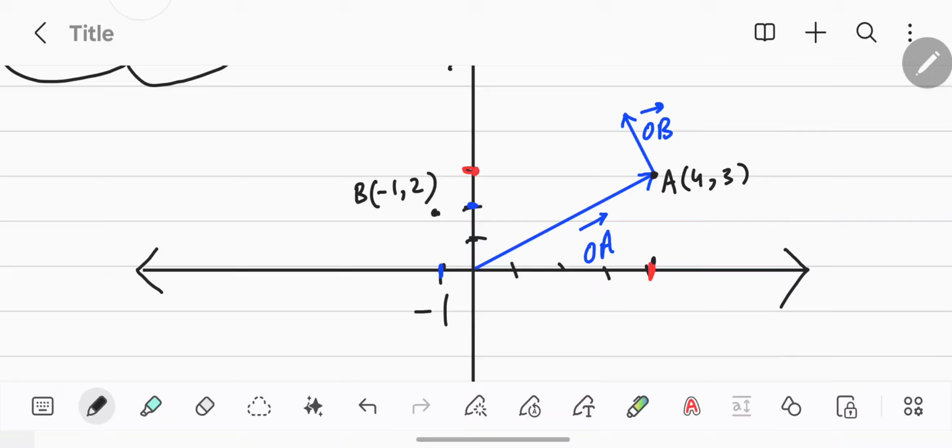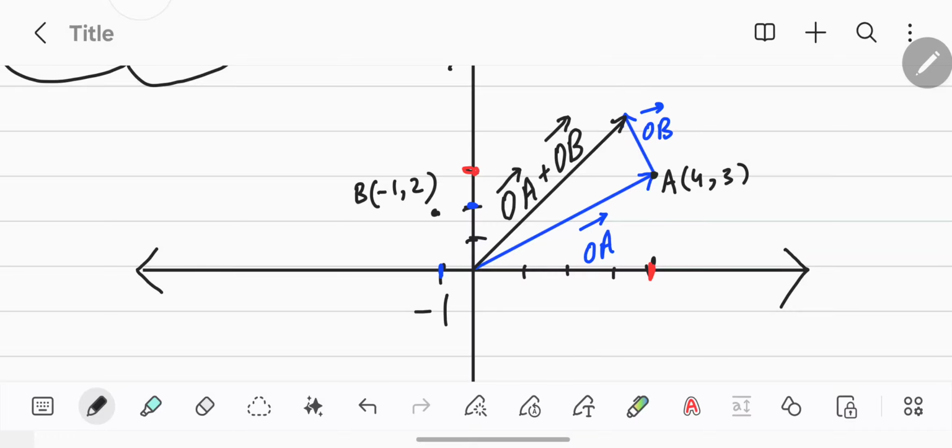Now I need their sum. So their sum can be found by just making a new vector from here to here. Okay, so this is OA plus OB. If you look at the coordinates of this point.